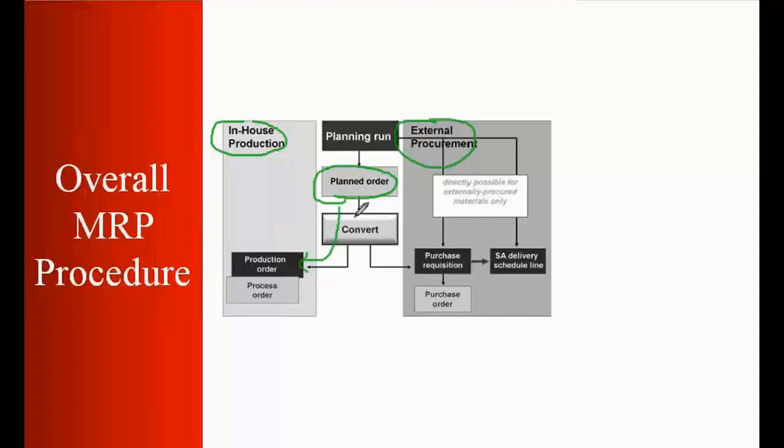If it is external procurement, on the right-hand side, the system will again automatically create a planned order, and it can then be converted to a purchase requisition. Okay, this is one example.